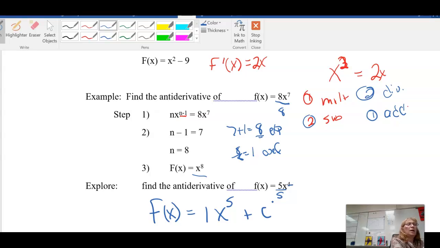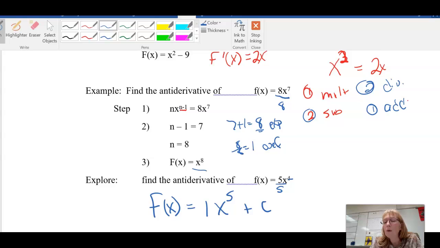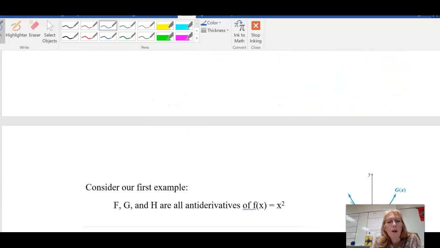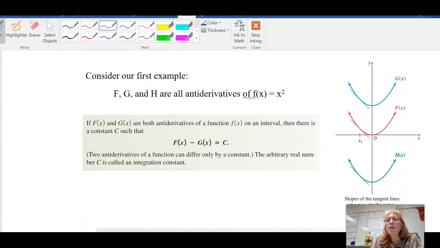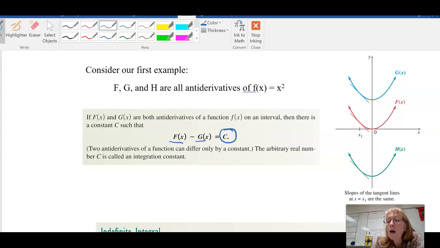All right, now let's see if we can show you why that is. The first ones we had were x squared graphs, and we talked about those, and they were different. We had a plus graph, which made it go up, and the minus graph made it go down, and x squared is here. Same graph, 3 different locations. So if you take the first graph minus the second graph, they are only different by some constant.